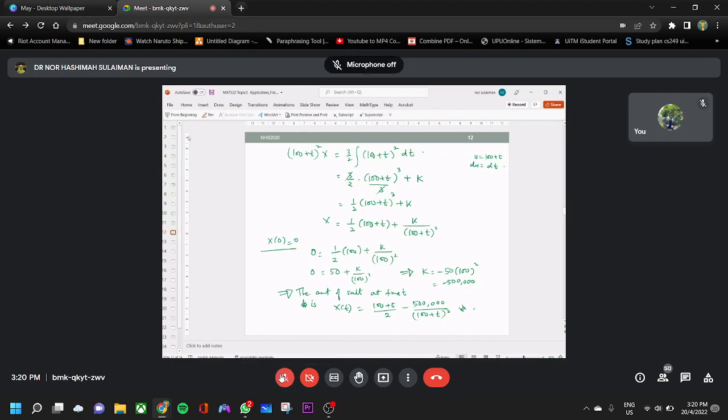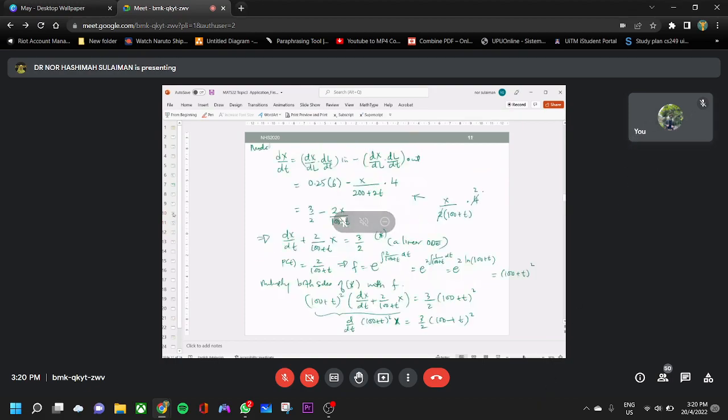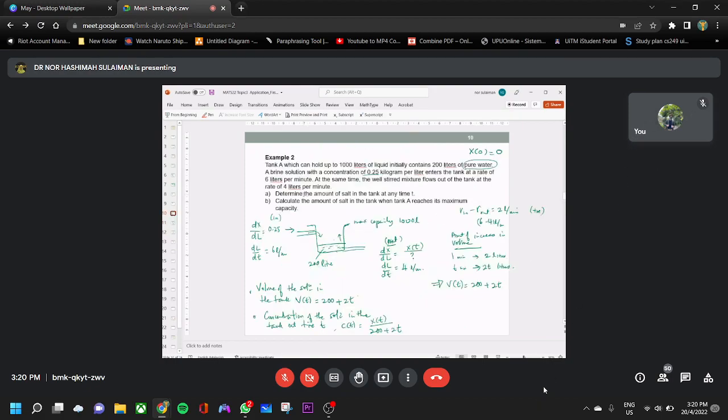Yes. Right. So in this case, we want to determine the amount of salt in the tank at time T, and calculate the amount of salt in the tank when tank A reaches its maximum capacity. Apa maximum capacity dia? 1,000 liter.